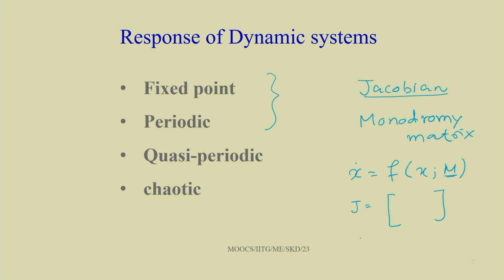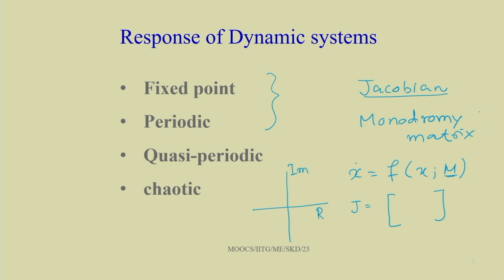After finding the eigenvalues of the Jacobian matrix, we check whether they are in the left or right side of the S plane. This is the real axis, this is the imaginary axis. So, by checking the eigenvalues, we can tell whether the system is stable or unstable. For a stable system, the eigenvalues must lie in the left hand side of the S plane, and if some of the eigenvalues are lying on the right hand side of the S plane, then the system is unstable.